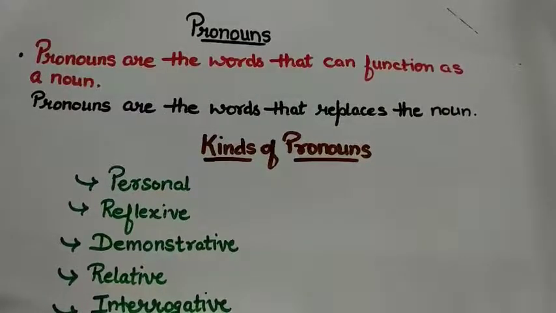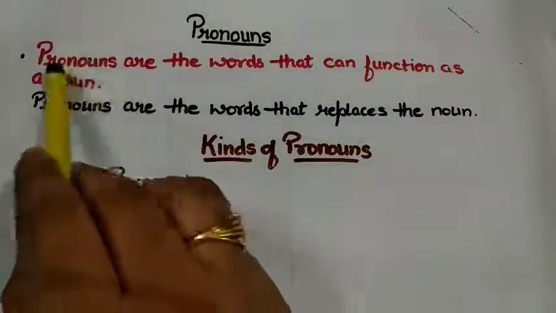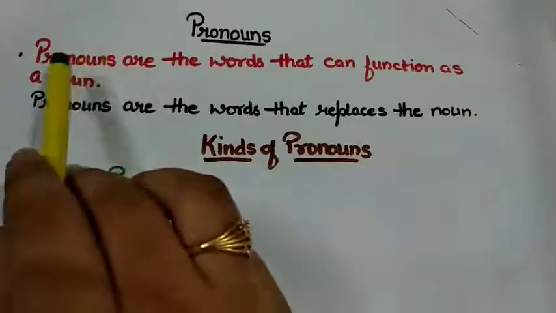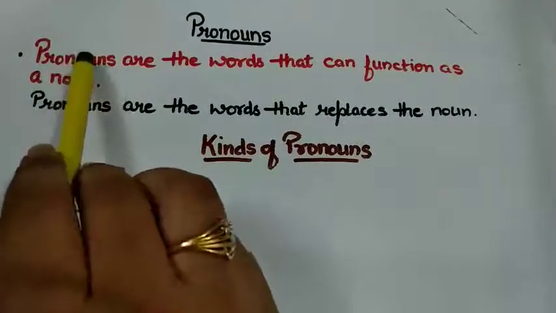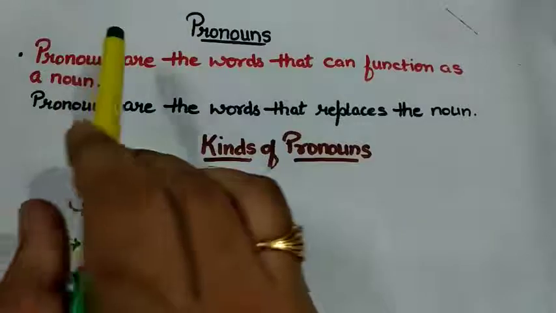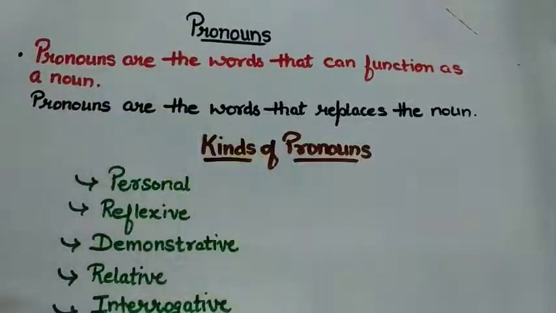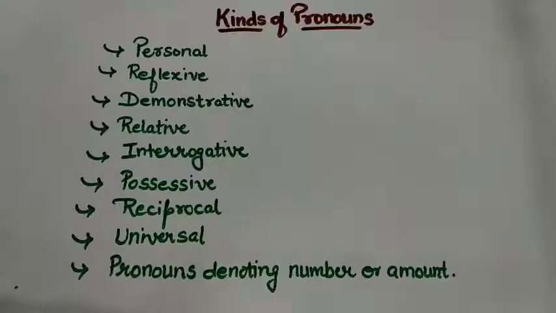So pronouns are the words that function as a noun and save us from repeating the same noun again and again. As you can see in the name pronouns, pro means something which we are using for a noun. Okay, so let us do a quick review of pronouns. Basically there are 9 kinds of pronouns.